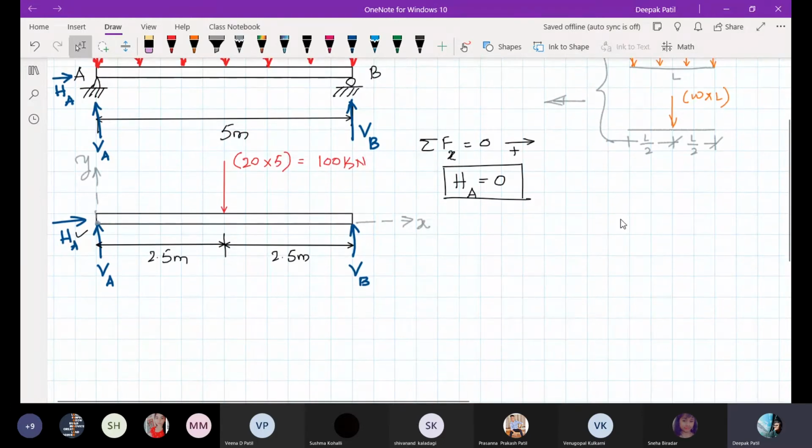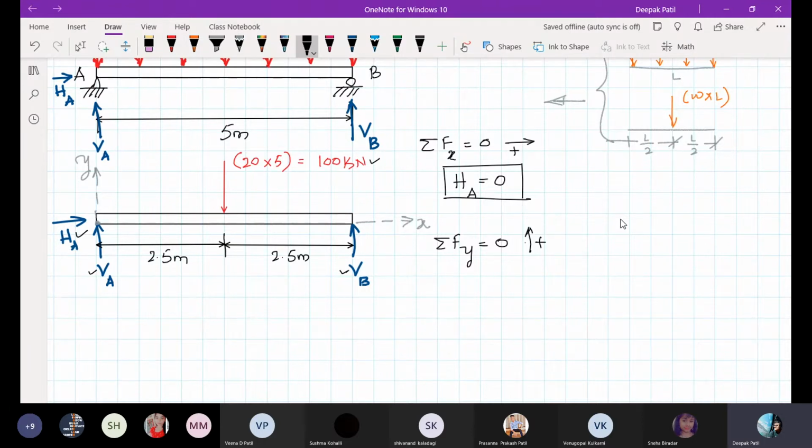Next, I will take another equilibrium equation. Let me take summation of Fy equal to 0, that is the summation of all the forces in y direction as 0, and the sign convention is all the forces in the upward direction as positive. So I have to consider VA, VB, and 100, right?